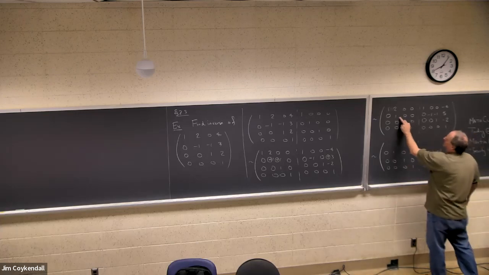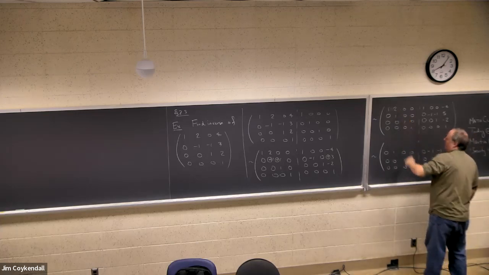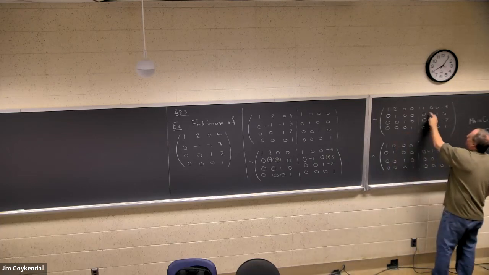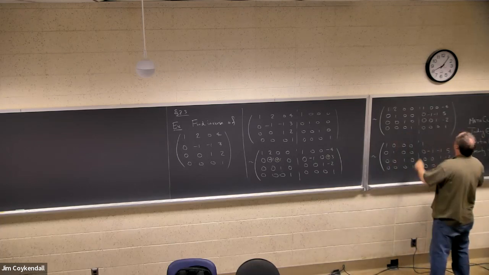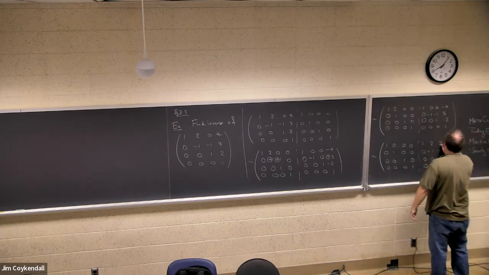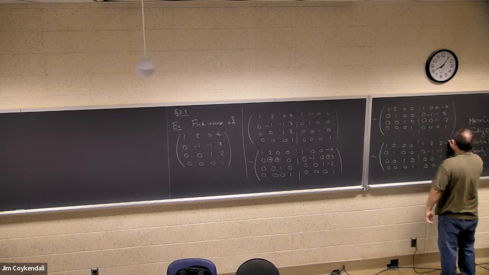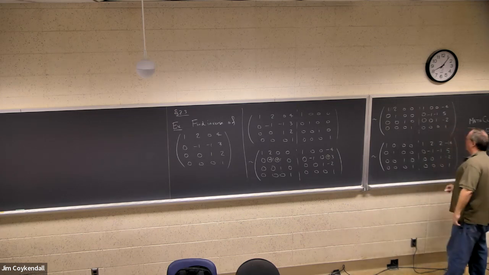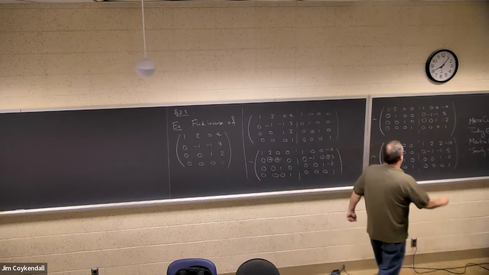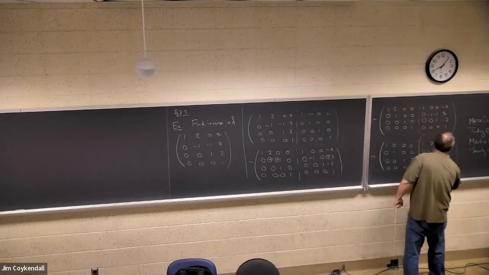Finally, multiply this by -2 and add it here. 1, 0, 0, 0. Multiply this by -2 and add it up here. So I'm going to get 1, 2, 2, and that's -2. So the inverse of the original matrix could be this.